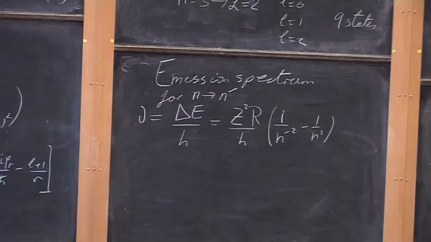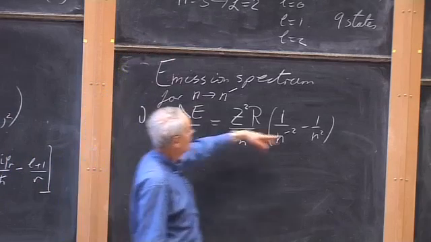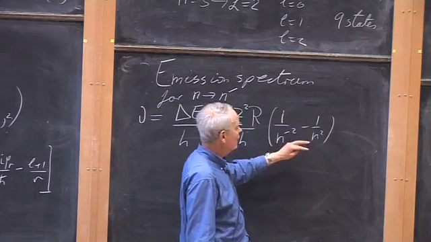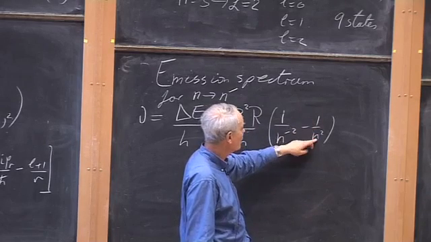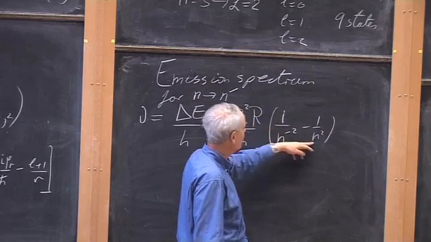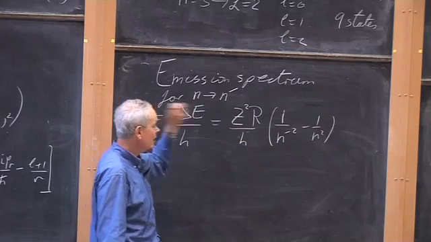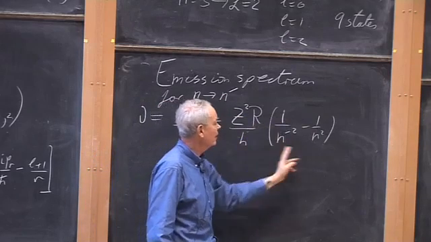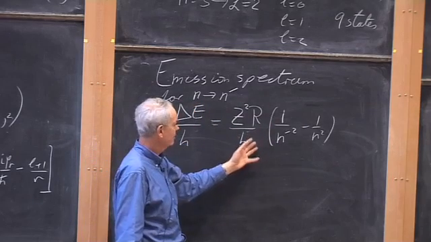So if you were in one of these higher states, for example, n equals 2, your energy will be a smaller negative number. You'll have 1 over 2 squared, a quarter here, and if you then fall down to the state n prime equals 1, in which case this will be 1, so this bracket will be 3/4, and you will get 3/4 of this number coming out.